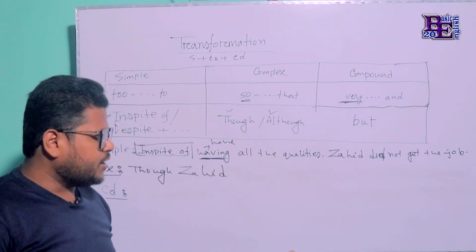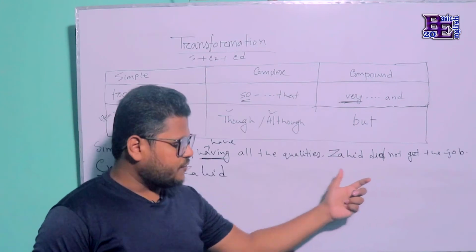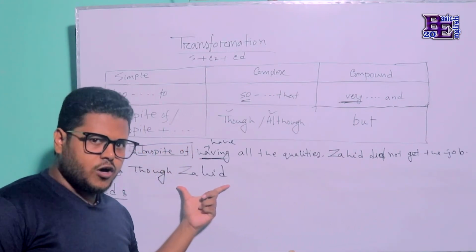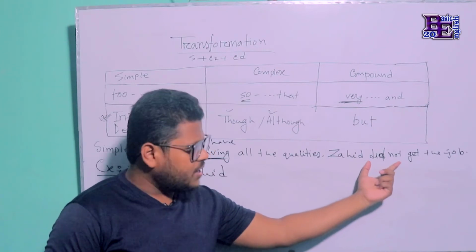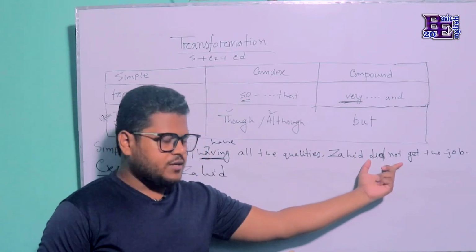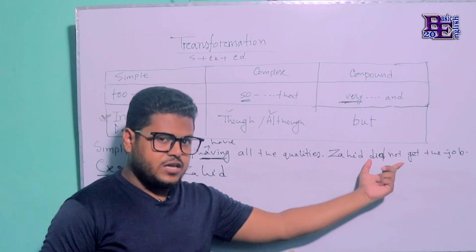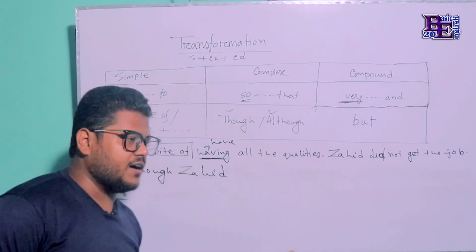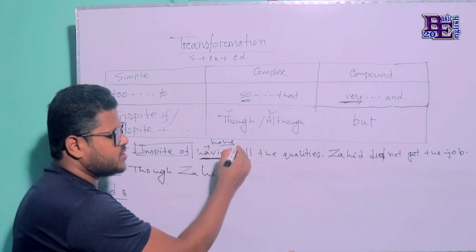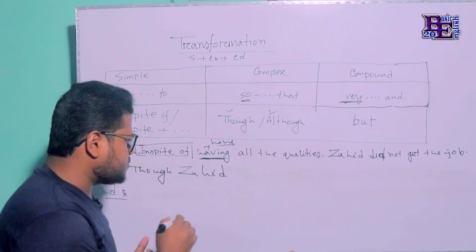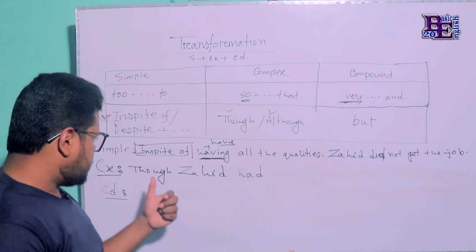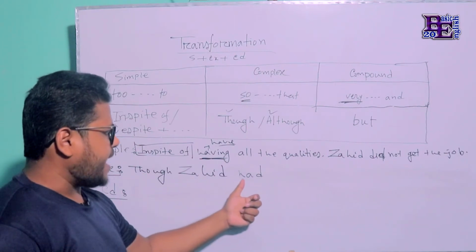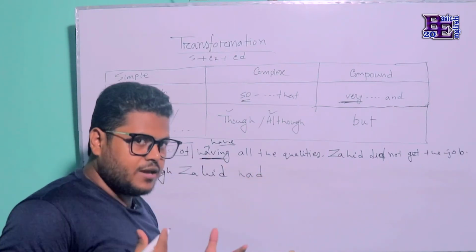Let's see. You know, we have to use the verb in the subordinating clause always following the verb in the main clause. As you know, in the main clause you will get the verb in past indefinite tense. That's why you have to use the past form of have. So what is the past form of have? The past form of have is had. Okay, so though Zahid had, then the rest of the parts will remain unchanged.